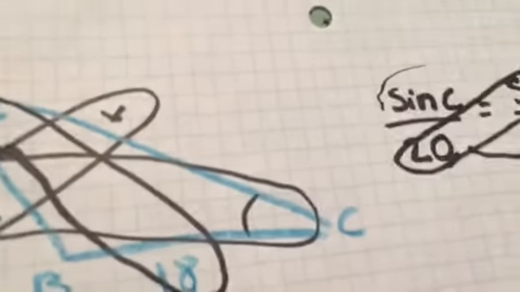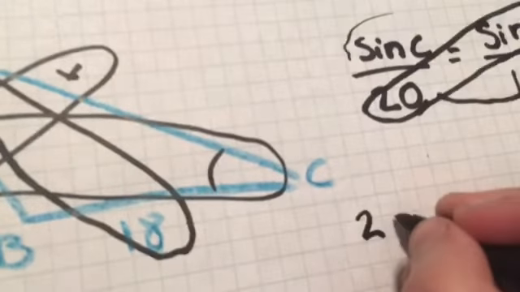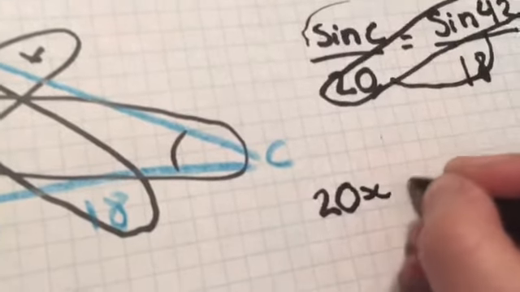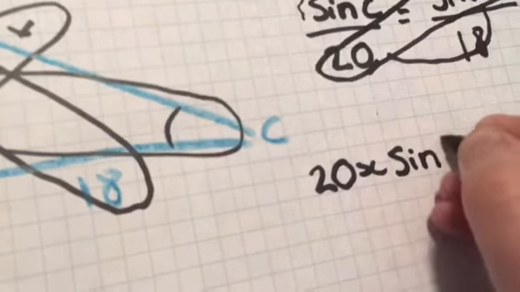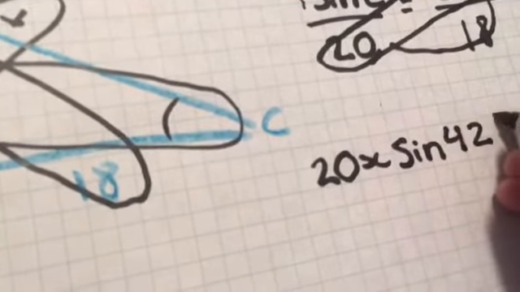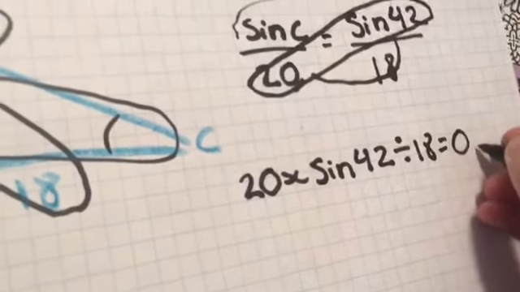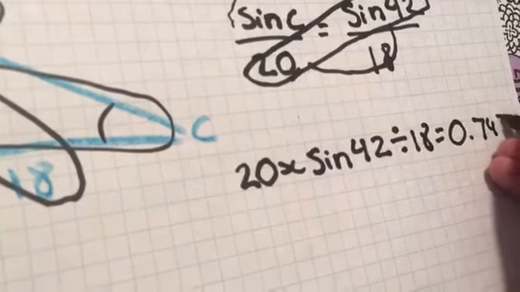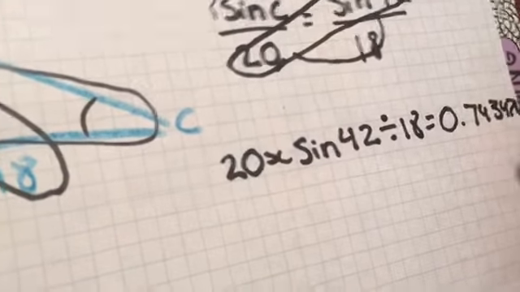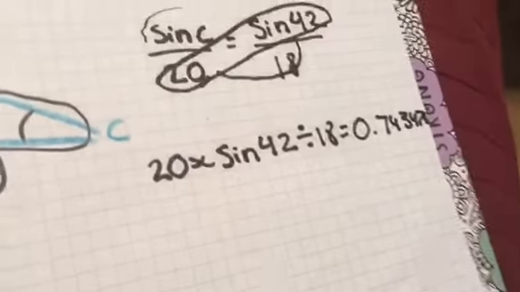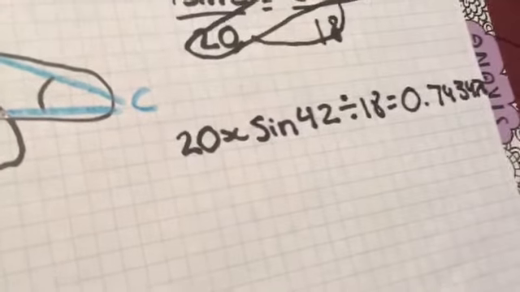So now you're going to do 20 times sin 42 divided by 18, and it's going to give you 0.743478. Now, that's not the final answer, but it's the temporary one.